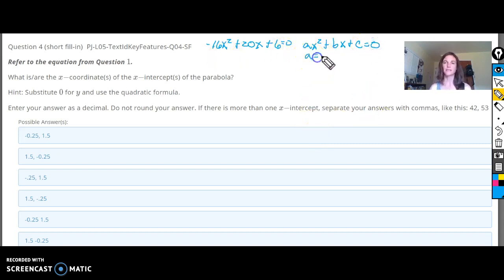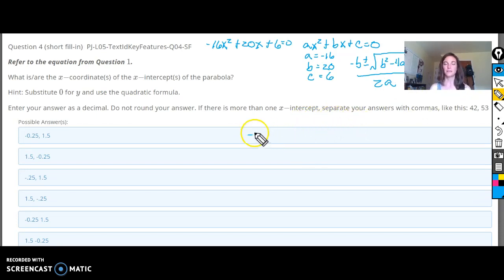So a equals negative 16, b equals 20, and c equals 6. My quadratic equation is negative b plus or minus the square root of b squared minus 4ac all over 2a is equal to x. So I'm going to plug those values in.